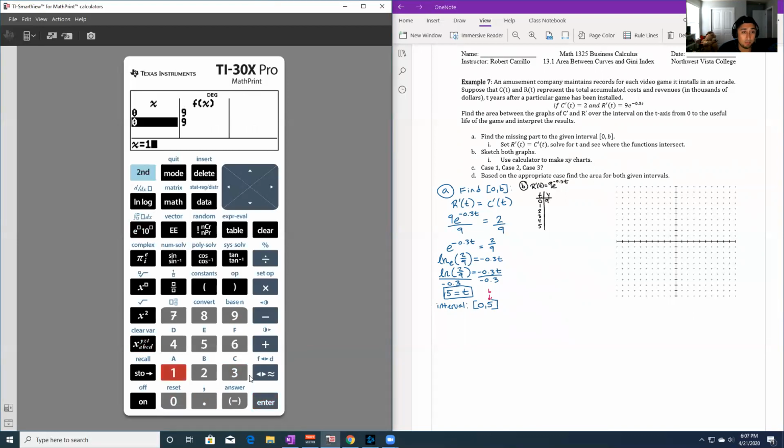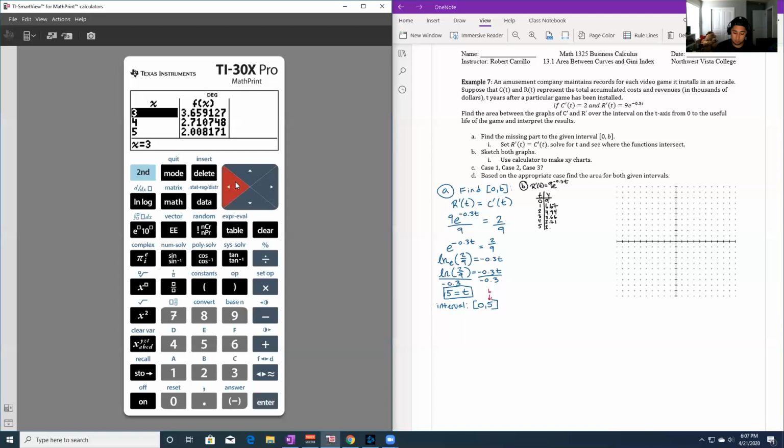If I type in 1, I get 6.67. 2 is 4.94. 3 is 3.66. 4 is 2.71. 5 is 2.01.